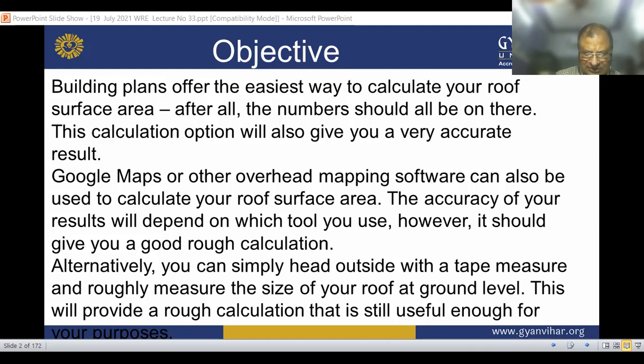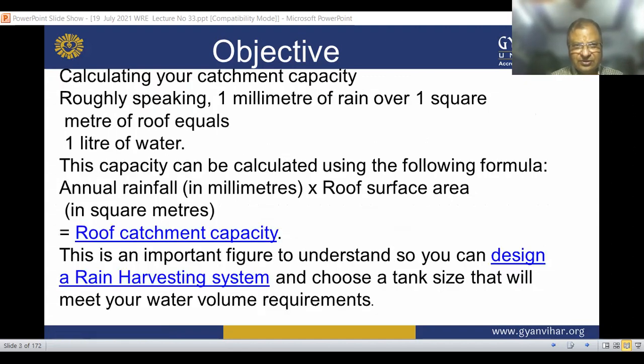This rough calculation is still useful enough for the process of calculating your catchment capacity. Roughly speaking, 1 millimeter of rain over 1 square meter of roof equals 1 liter of water.